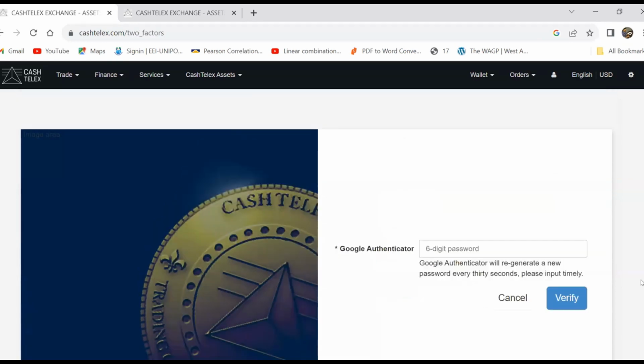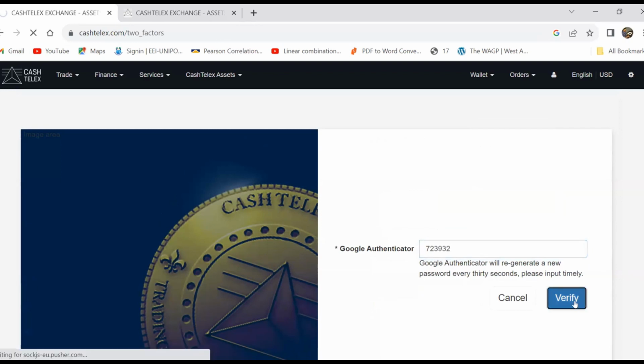The next step is your Google Authenticator, which you have as an app on your phone. I'm going to my phone to use the Google Authenticator because it generates a password for me. I'm going to put in the generated password, 3932, and click verify.